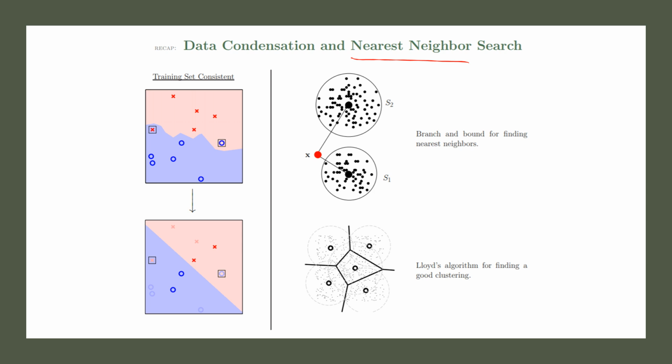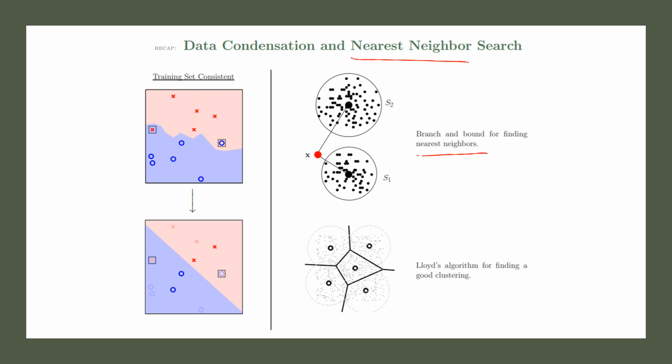For example, we can reduce the amount of data, going after the training set consistent technique where we could get rid of the data and still have the correct classification or the original classification. That was the first thing we looked at. And then more importantly, we looked at the branch and bound to efficiently find the nearest neighbor, how to do that.